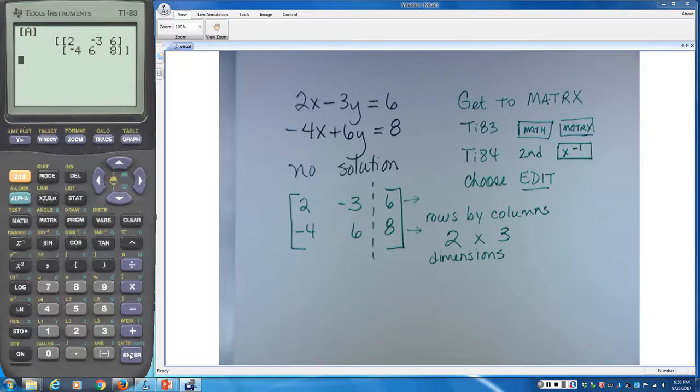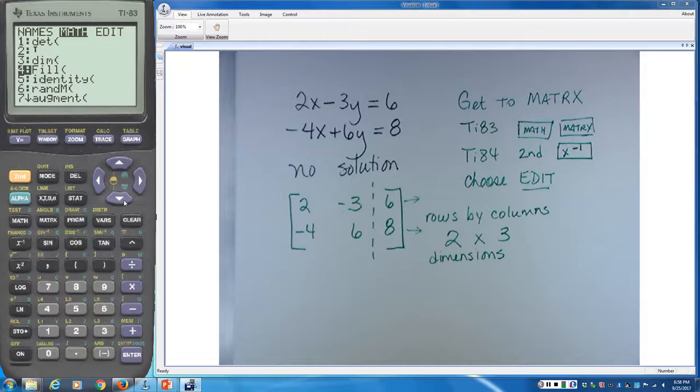Wrong answer. So now that I know my matrix is in there right, there's only one thing you need to do. All of this multiplying and adding and row swap stuff, the calculator does it for you. Go back to your matrix menu and go over to the one in the middle, math. Give me the math matrix.